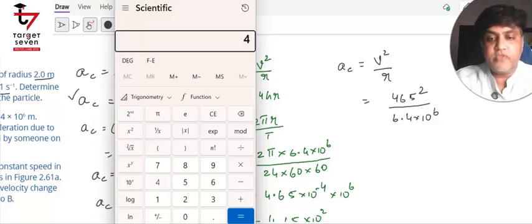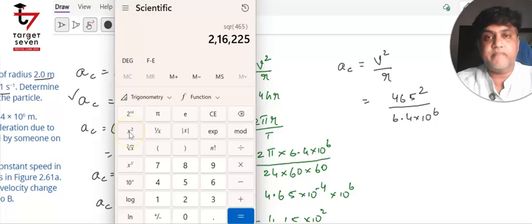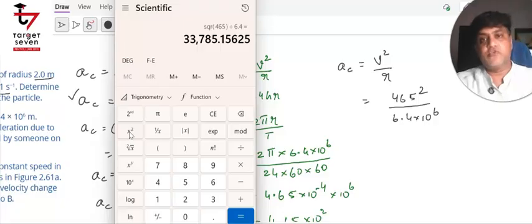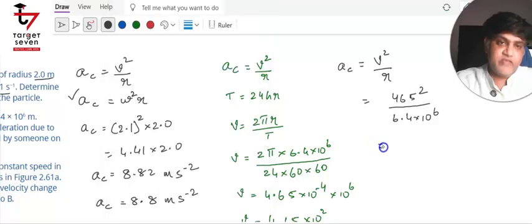I would have 465 squared divided by 6.4, which comes out to be 33,785 into 10 to the power negative 6.